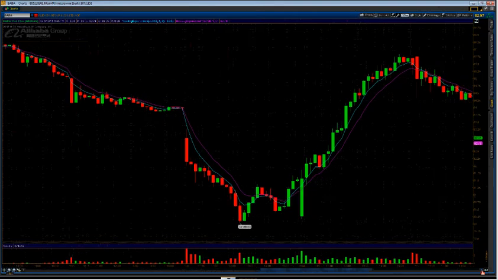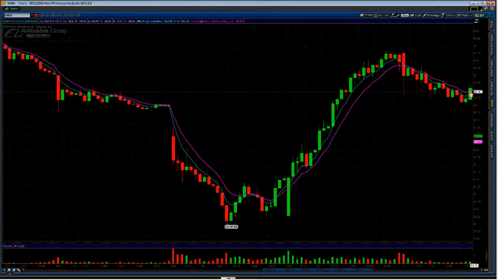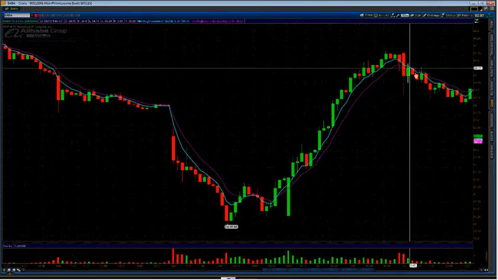Could have been in puts over here. Here, the 9 crosses up, or moves up, but the 5 has not crossed it. What would we want to do right here? Sell our puts, right?